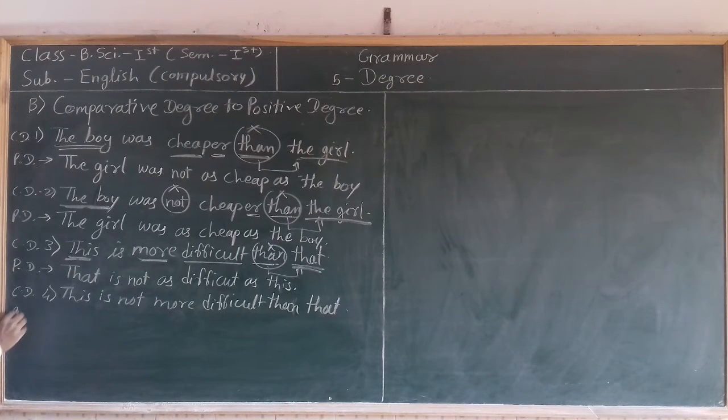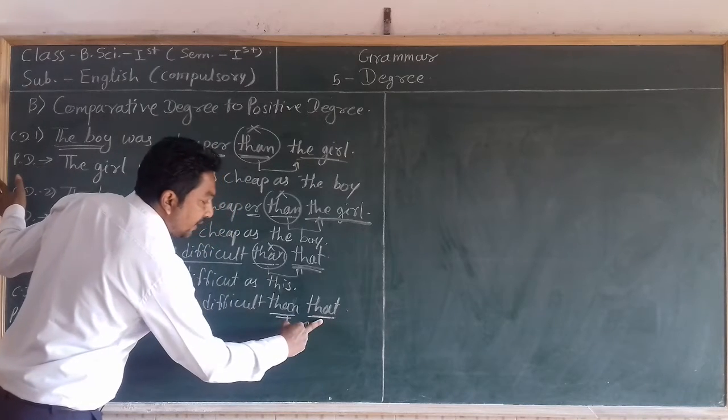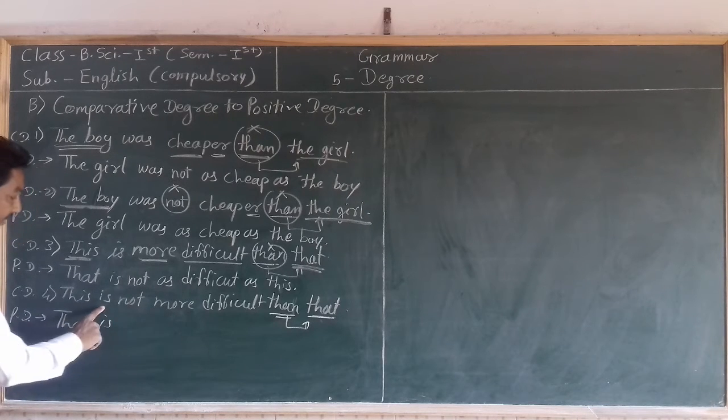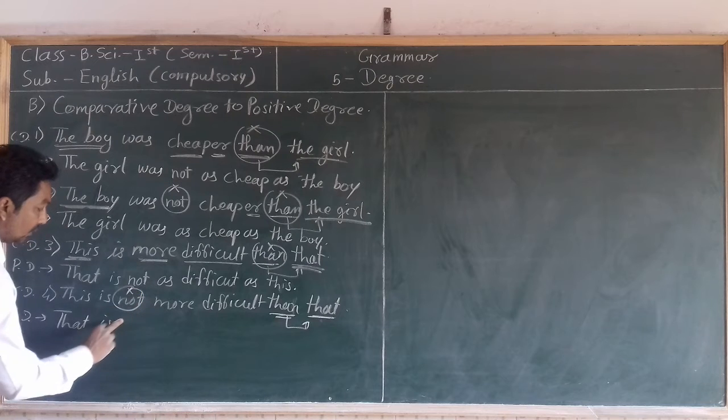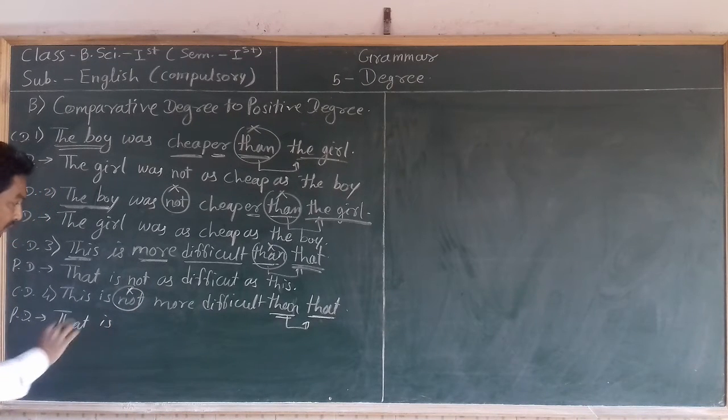All the rules are same. First see what is given after than. There is given that. So take this object as the subject of positive degree. Then take the helping verb as it is. If there is given not, take this out. Don't write not in front of this helping verb in positive degree.